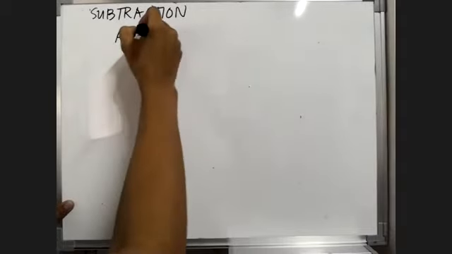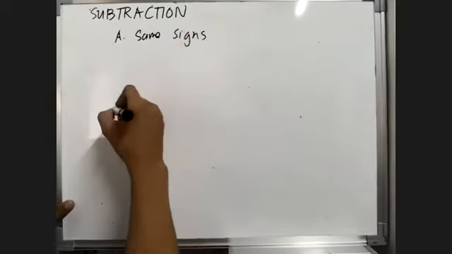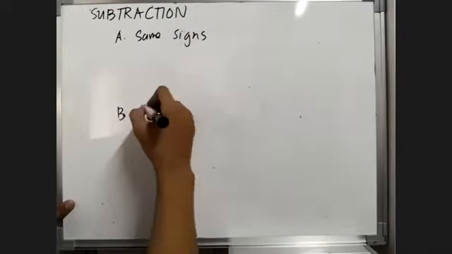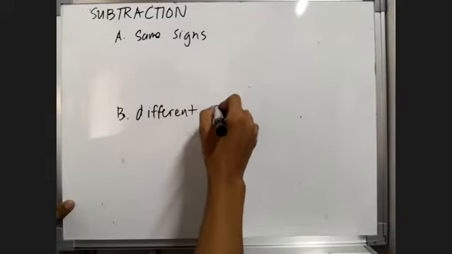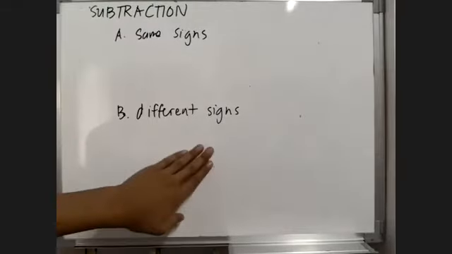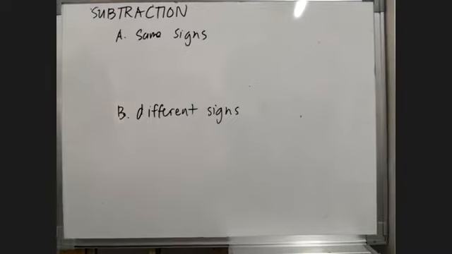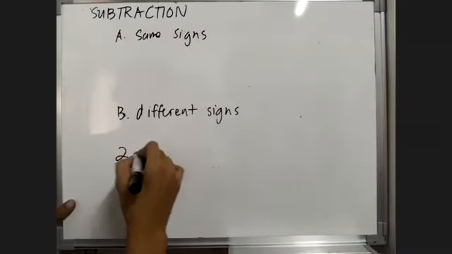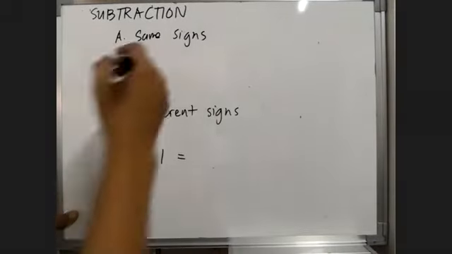So we have also same signs. And letter B, different signs. So si subtraction, for example, pag same sign, for example, 2 minus 1, ang gagawin natin dito, get the sign. So get the sign lang ulit.